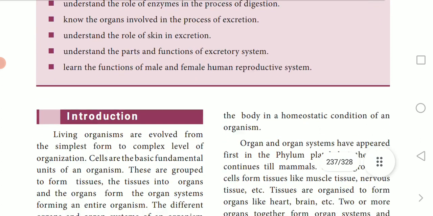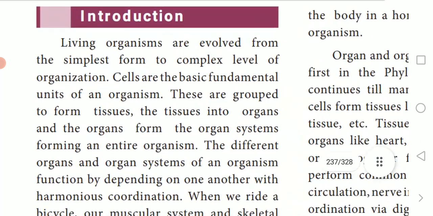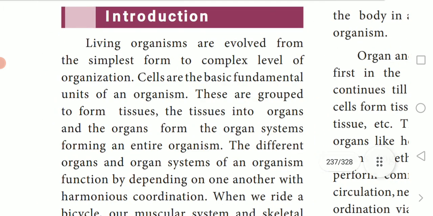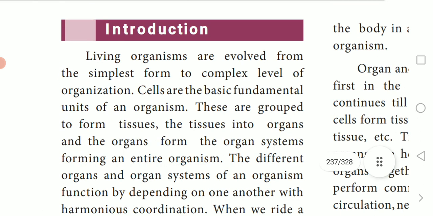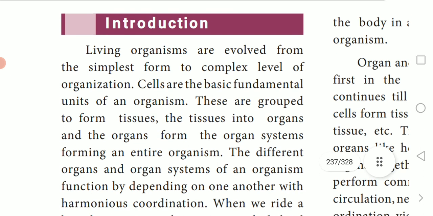We'll see the introduction part. Living organisms evolved from the simplest form to a complex level of organization. Any living organism comes from a simple structure to a complex structure by organization.